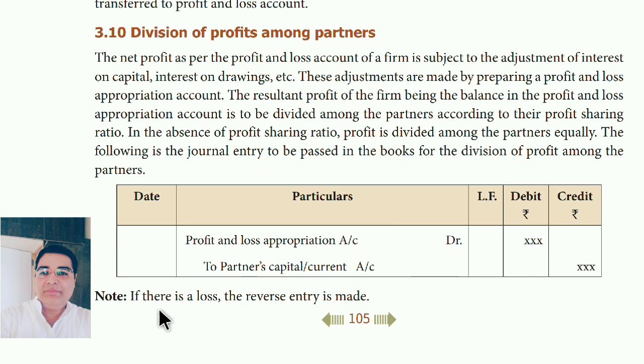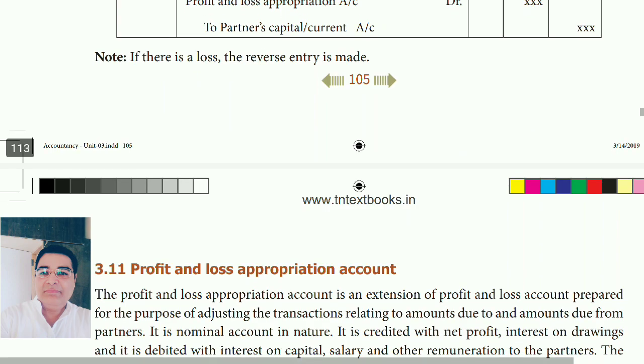If there is a loss, the entry will be reversed, meaning Capital to Profit and Loss Appropriation Account. Understand? So profit means Profit and Loss Appropriation Account debit to Partners' Capital or Current Account. If it is a loss, the entry will be reversed. Then move on.